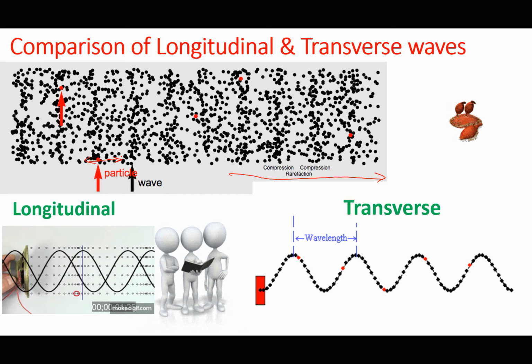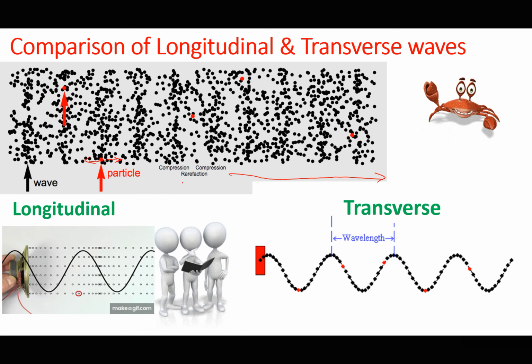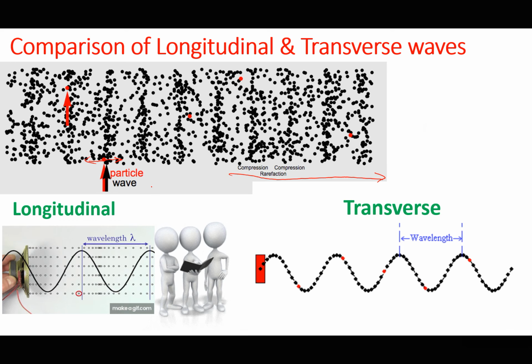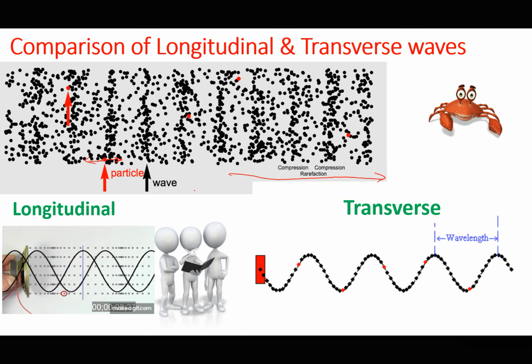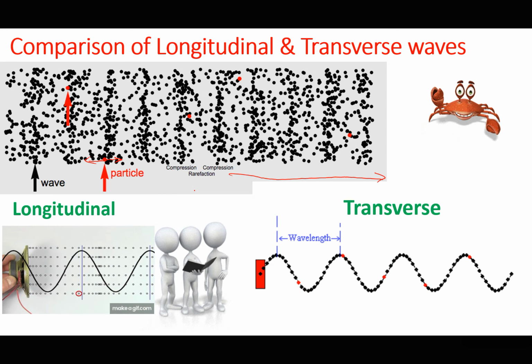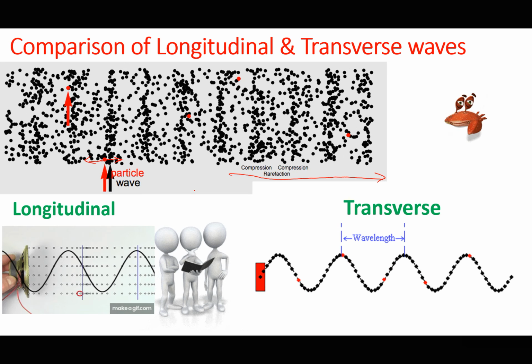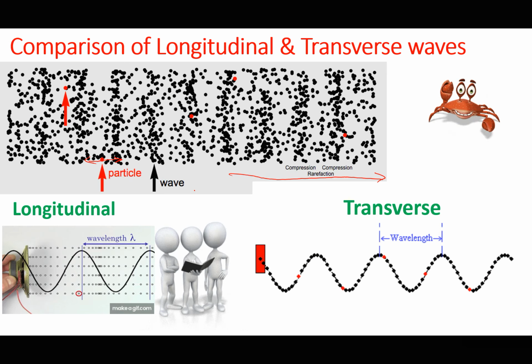But we see that the energy, which is represented by the black spot or the black arrow, is moving through the particles from the left-hand side to the right-hand side, because the rarefactions and the compressions are propagating from the left to the right-hand side. So that is a longitudinal wave.